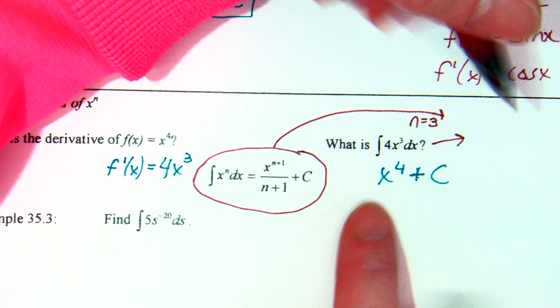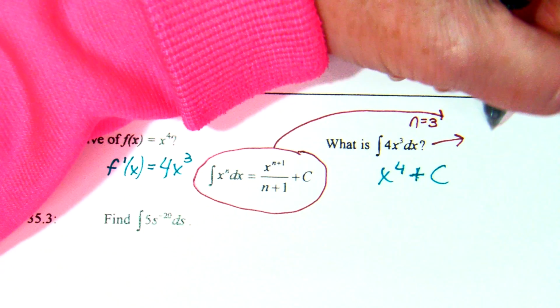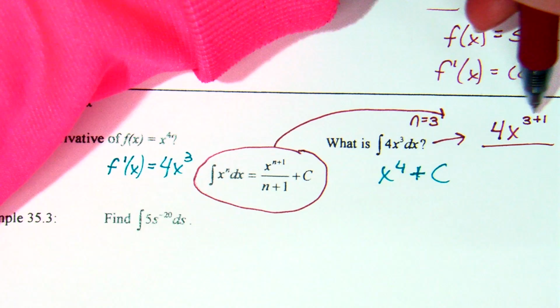Now keep in mind, there's a 4 in this problem. So what's that 4 just do? Carry it along. X to the, it was 3, so what do I do with 3? Add 1. Divided by n plus 1. So what is n plus 1? That 3 plus 1. So that's me writing the rule out right there.